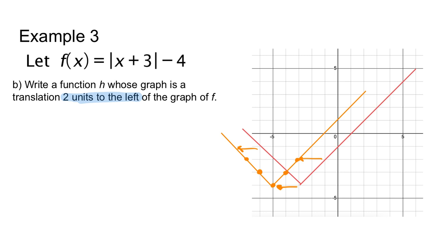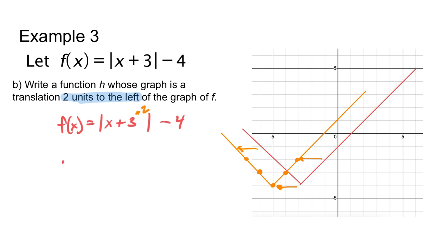But mathematically, what did we do? Okay, well, I have my equation that I started with, the absolute value of x plus 3 minus 4. I didn't move it up or down, but what I did do is I moved it to the left. And according to the transformations that I've done, when I add a number on the inside, that means I'm moving it further to the left. So that plus 3 is going to increase by 2.